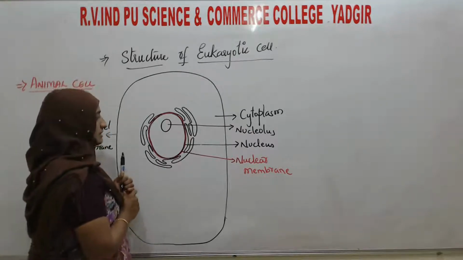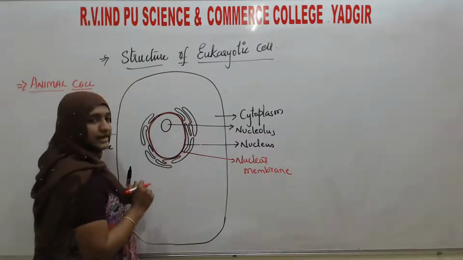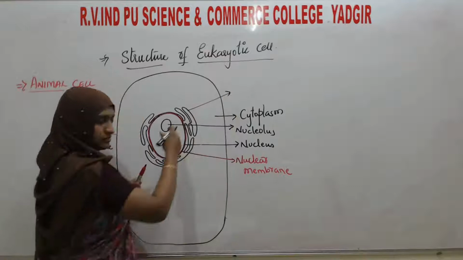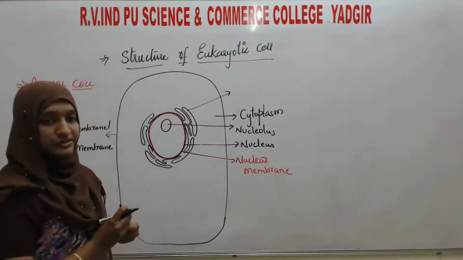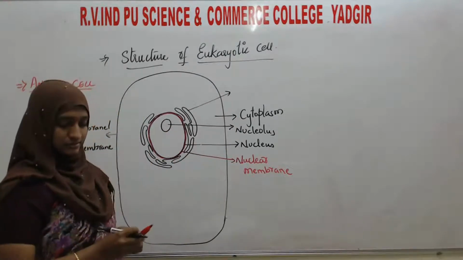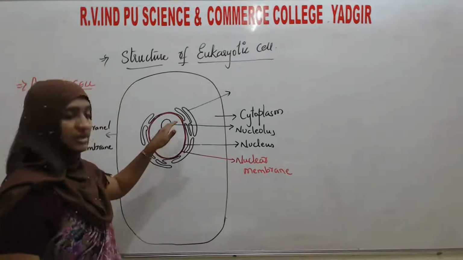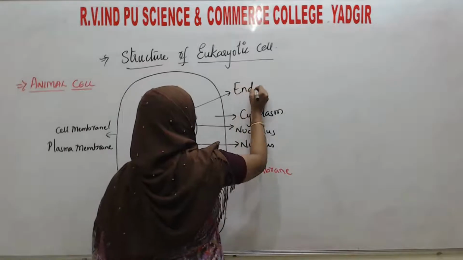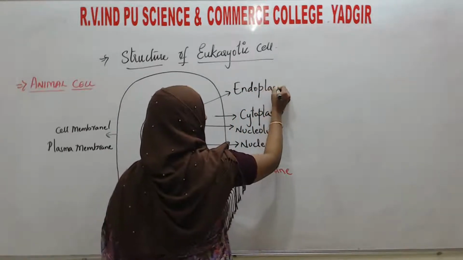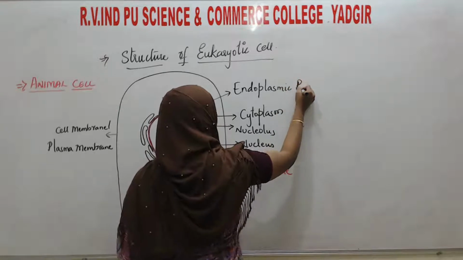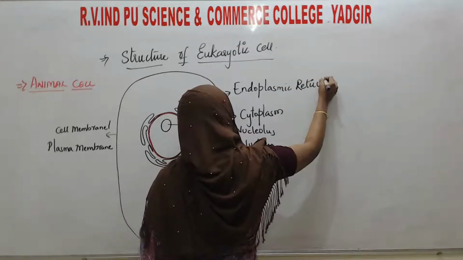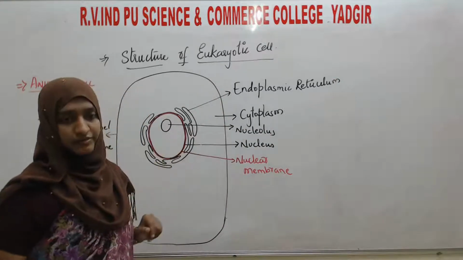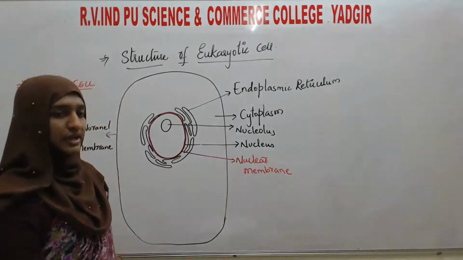This structure is in the form of tubules, a network of tubules arranged just above the nuclear membrane, and they are known as the endoplasmic reticulum. This endoplasmic reticulum is of two types.